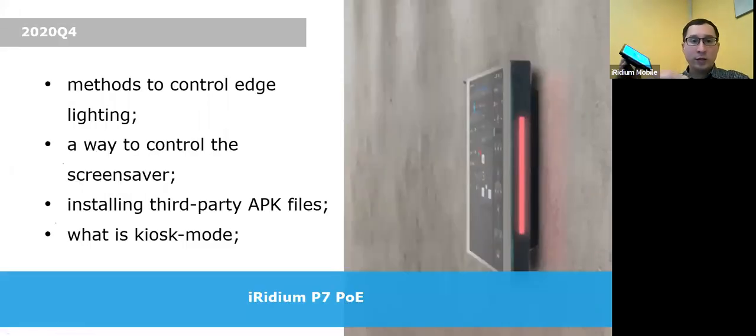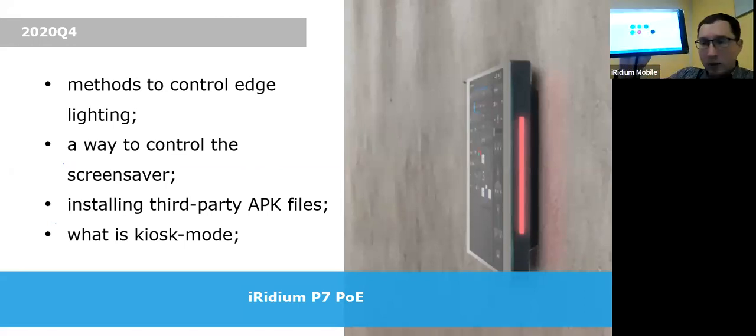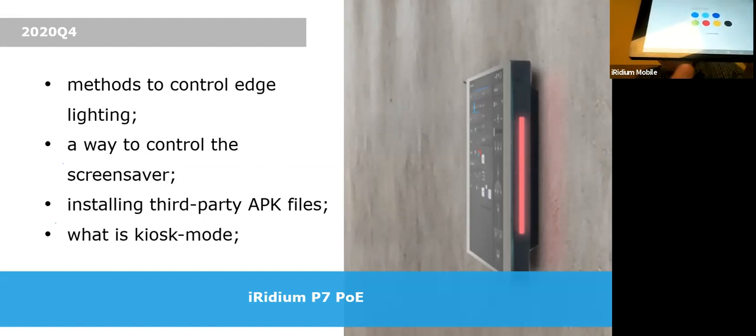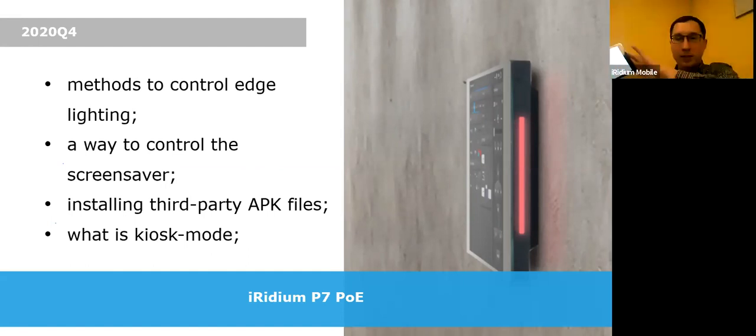Another one is installing third-party applications. This is about what kiosk mode is. Here we have different sensor buttons. By default, this application is installed in launcher mode. We have 2 different modes.